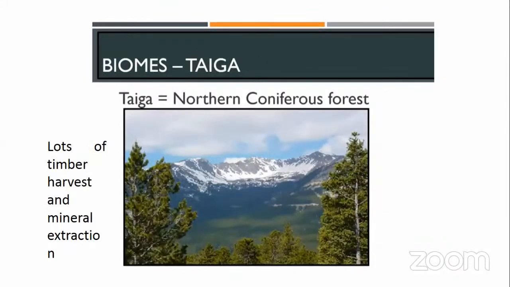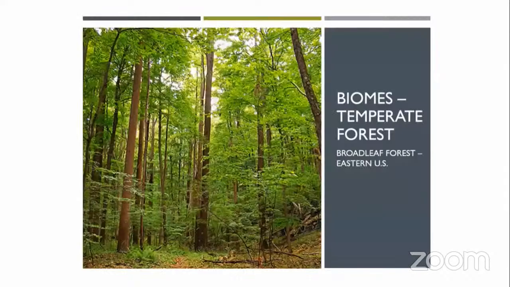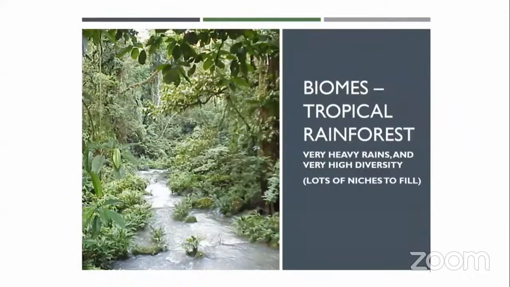And then northern coniferous forest, the taiga, lots of timber harvest and mineral extraction takes place in this region. And biomes, temperate forest, the eastern United States. And tropical rainforest.